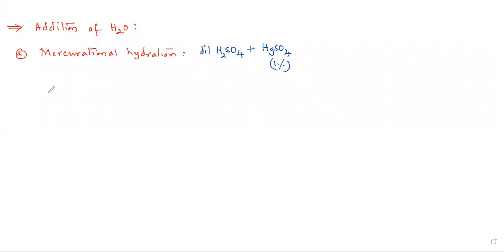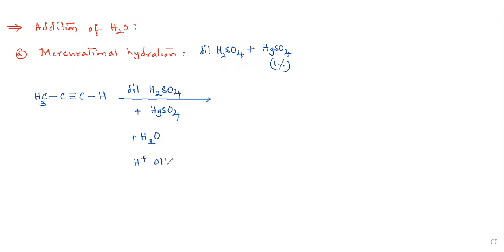Again, look at this. When propyne is passed through a solution containing dilute sulfuric acid with a small amount of mercuric sulfate, water molecule gets added in Markovnikov manner.